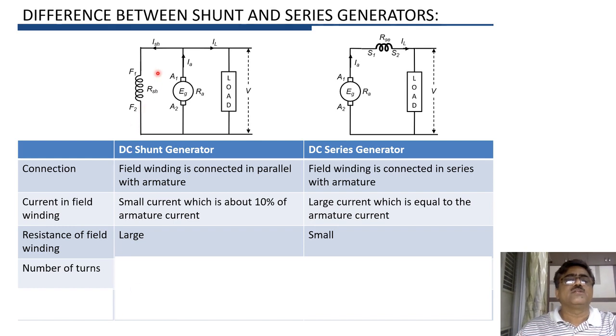Then number of turns. Now as shunt field winding current is small, we need large number of turns to produce the necessary ampere turns.